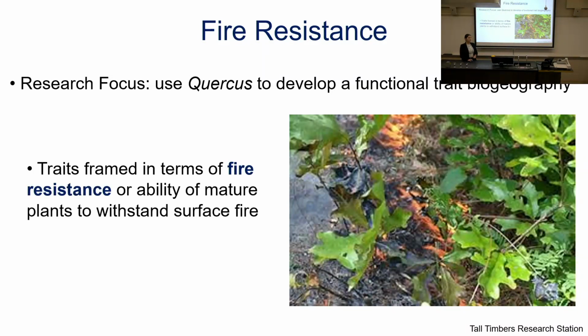And we want to frame the traits that we select in terms of their fire resistance, or this ability to have mature plants survive surface fire. And what I mean by surface fire is just fire that's above the surface of the plant. So these traits help to promote survival within the species.